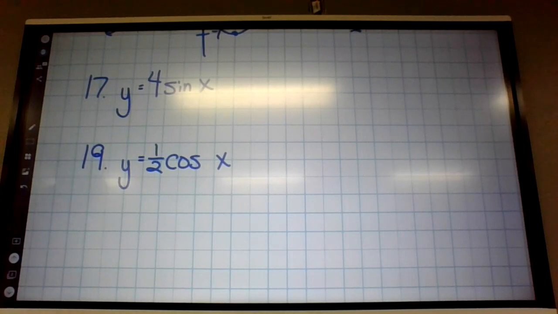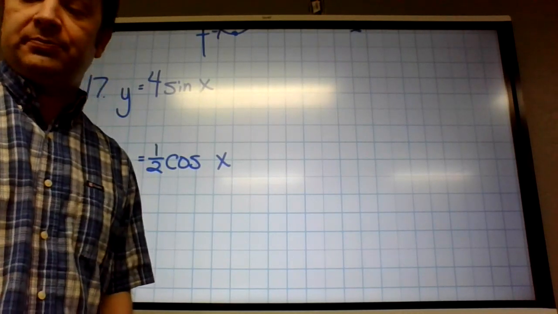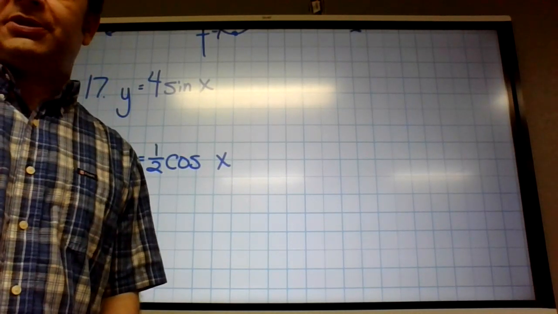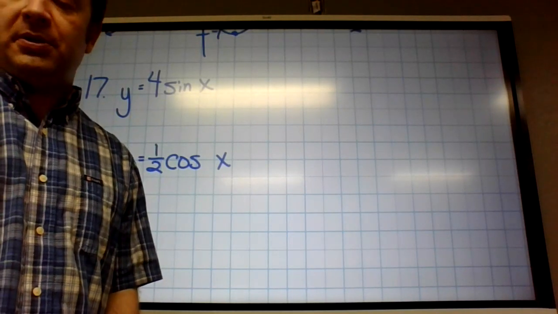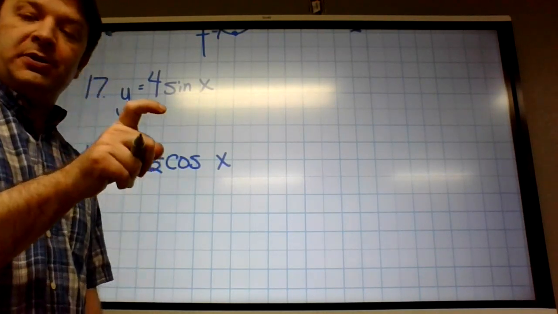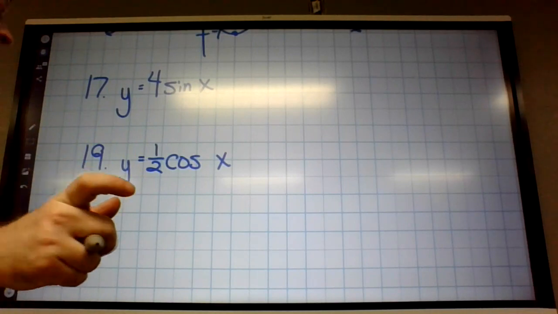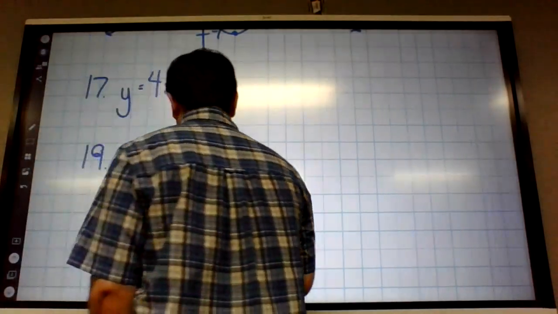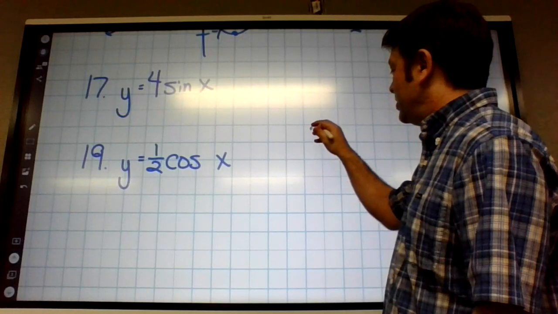Okay, what is the period? So if you go from hilltop to hilltop, how far? Just pi. From the hilltop in the middle to the hilltop on the right, it's moving over pi. Okay, so a normal period is 2 pi.